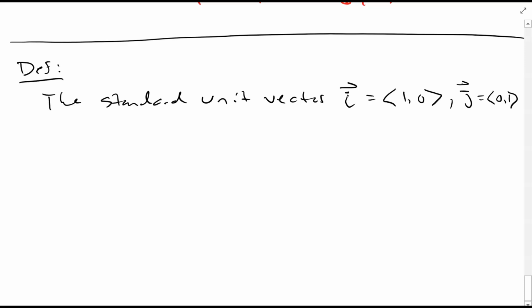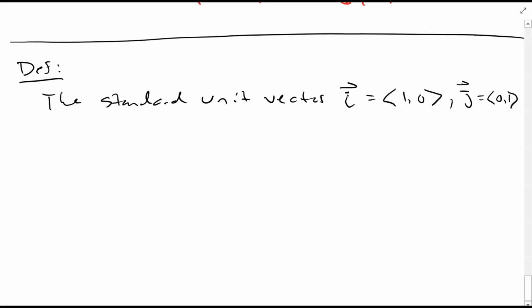Now this is important because we can use these standard unit vectors to rewrite any vector as a combination of these unit vectors.